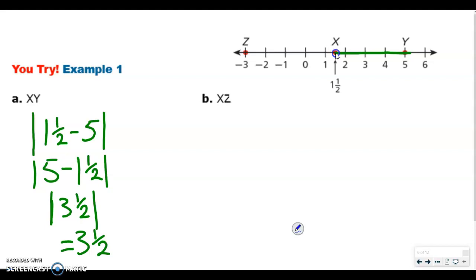The distance for XZ. XZ is here in blue. You know, X is 1 1/2. It's our positive number, so I'm going to leave that in front this time. And we're going to subtract -3.